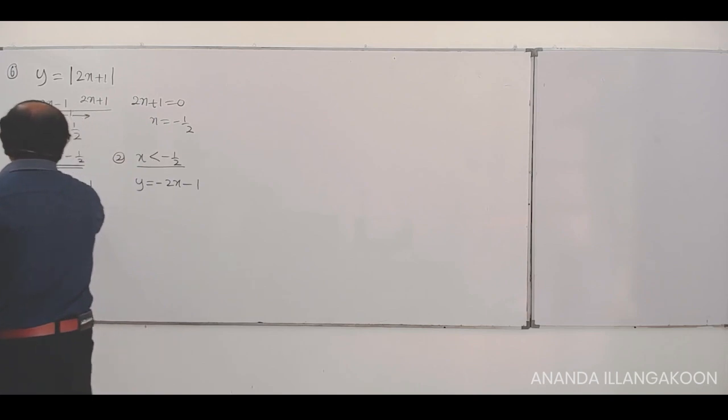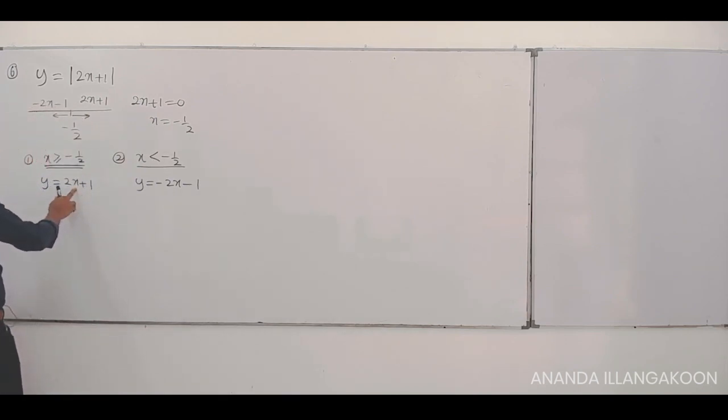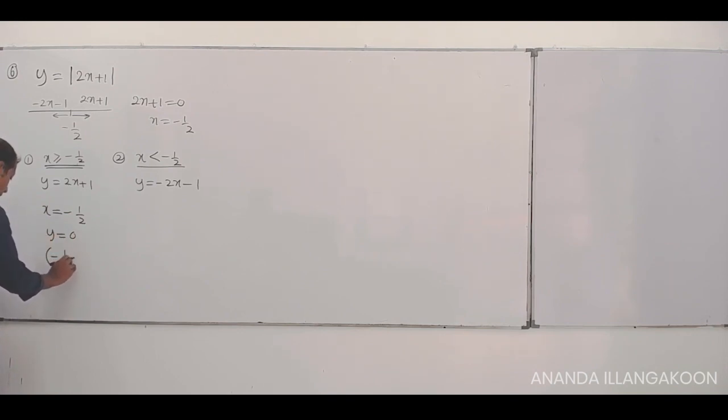Okay. We'll put x equals minus half here. What do you get for y? When I put minus half, 2 and 2 cancel down, y is 0. One point is minus half comma 0.